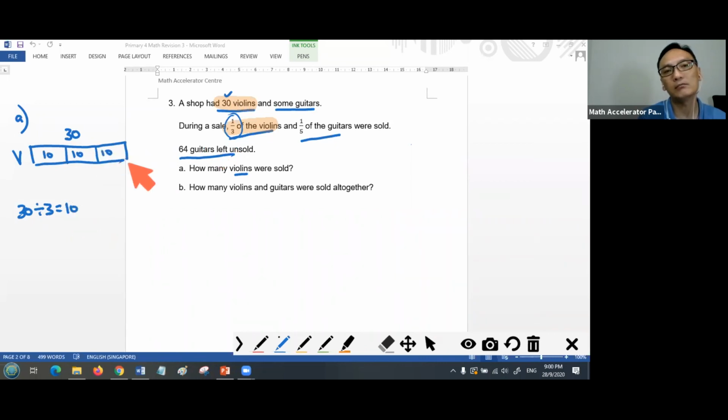So out of 3 units, we sold 1 unit during the sale. This is the portion that I highlight. So this is the unit that was sold. So how many violins were sold? Sold, quite easy, right? 10 violins.